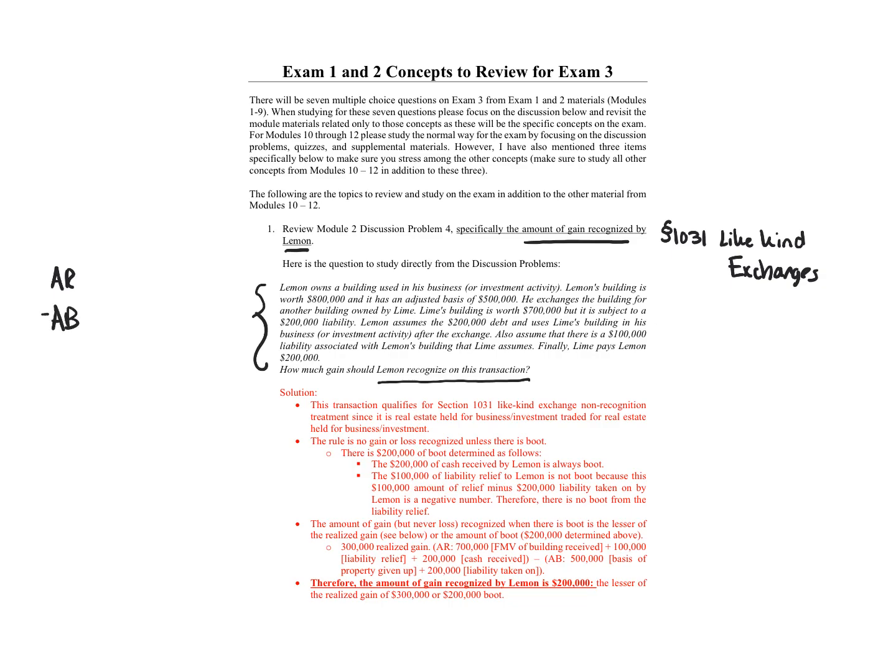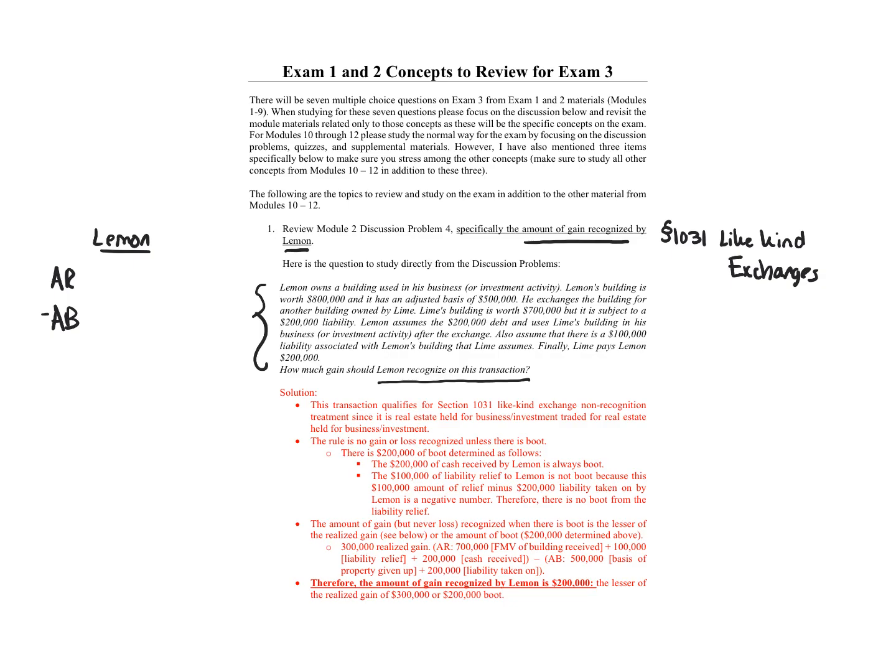And remember, amount realized is the actual cash received by Lemon. Remember, we're looking at Lemon here, not Lime. Actual cash received plus liability relief or constructive cash plus fair market value of non-cash property minus selling expenses.